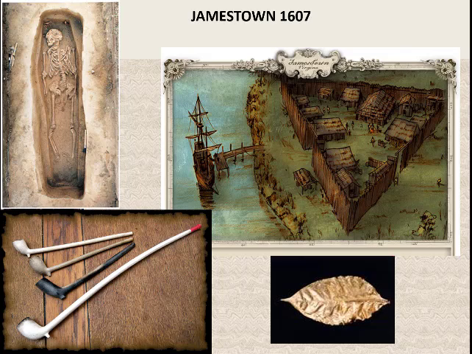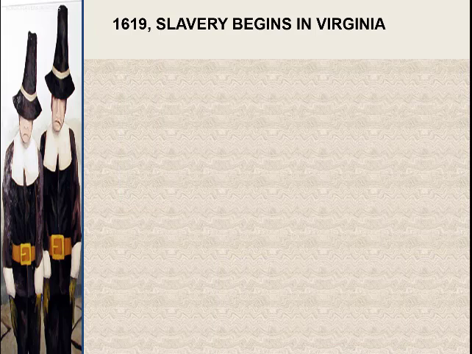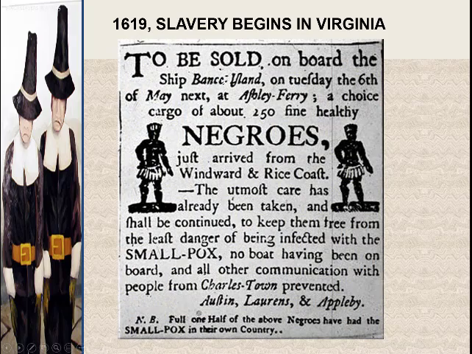Well, as it turns out, they don't need to hire anybody at all because in 1619, a Dutch slave ship is going to stop by Jamestown to buy food and water. And to get that resupply of food and water, that Dutch slave ship is going to pay for it in 20 slaves. And so, for the first time in Jamestown in 1619, you have slaves.